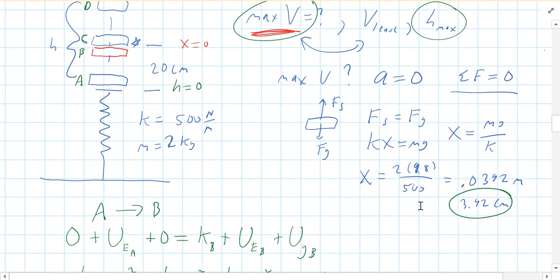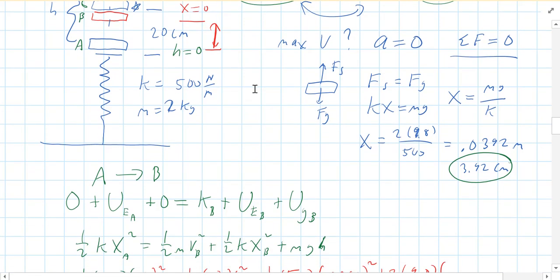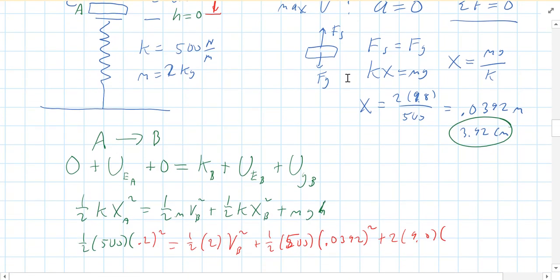Well, our height from here to here is 20 centimeters minus the 3.92 centimeters, which is 16.08 centimeters, or 0.1608 meters. That's how high we are above the starting point at that moment.